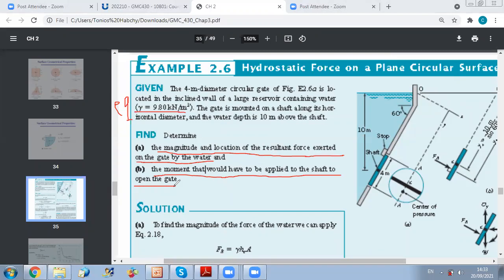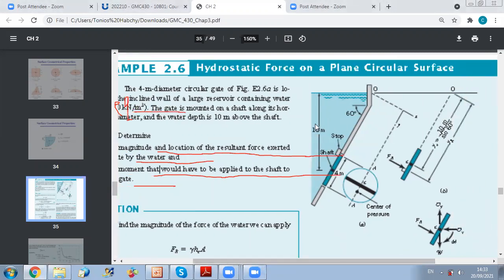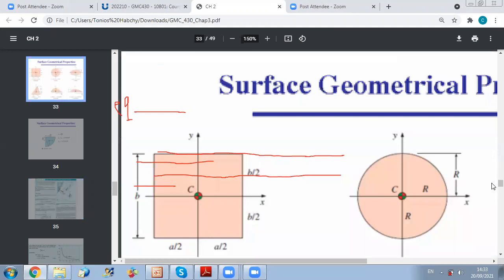Okay, so let us start with the first question. Let us go to our figure to understand what we have. We have a reservoir, and this reservoir has a certain opening at the bottom level through a circular gate. First, what is the geometry of our surface? It's a circle. So to find inertias, we go back to the formula sheet and say the surface of interest is a circle.